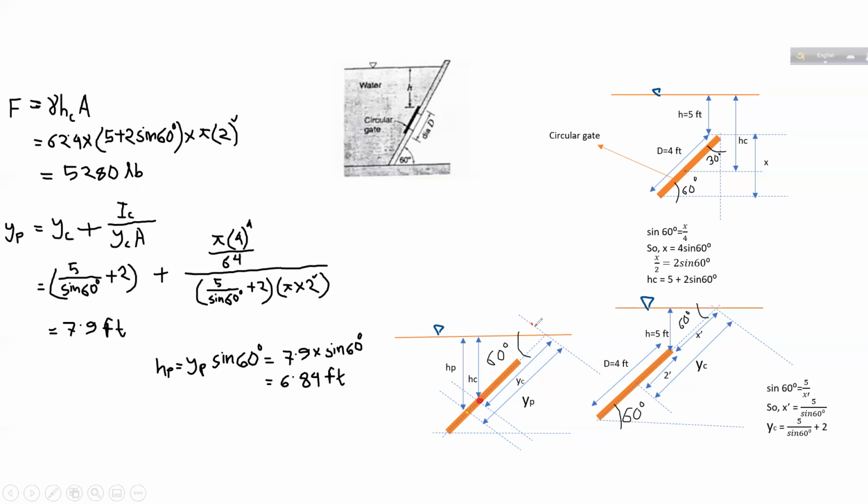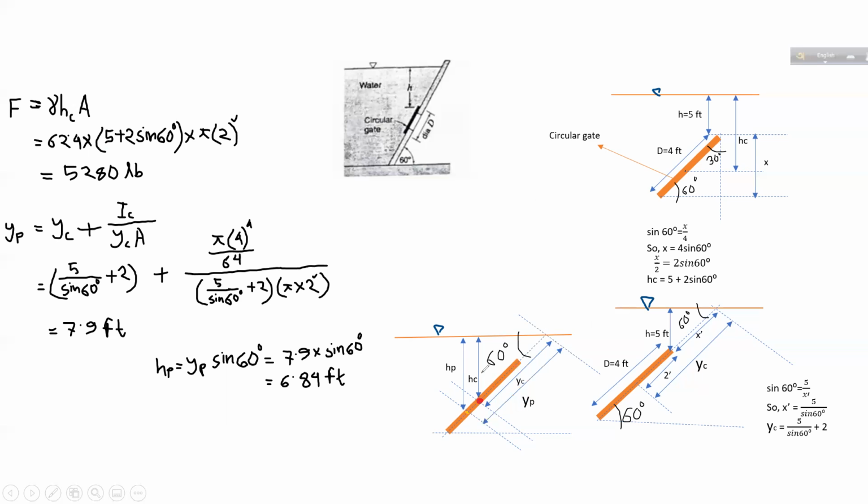If we consider an axis here perpendicular to this line, YC basically represents the inclined distance from this axis to the center of gravity of this circular gate. And YP represents the distance from this axis to the center of pressure of this circular gate, and it is the inclined distance.